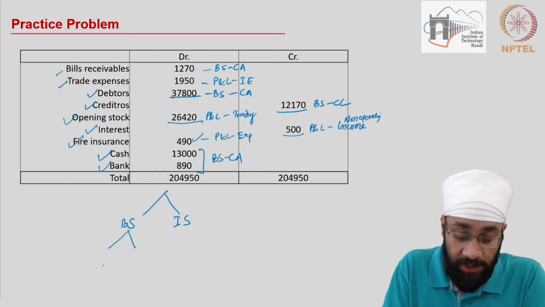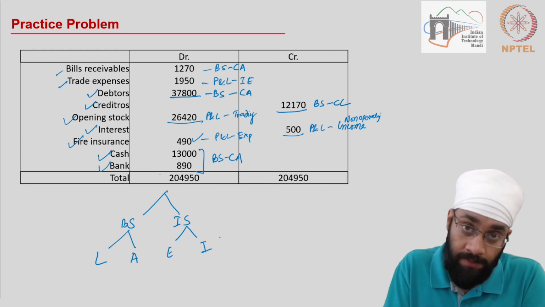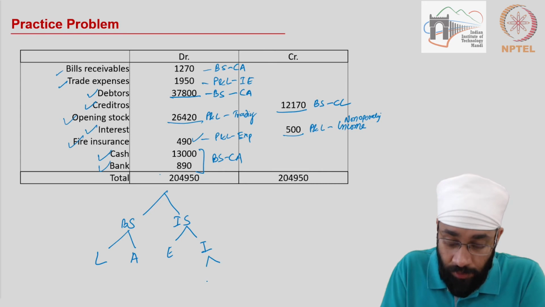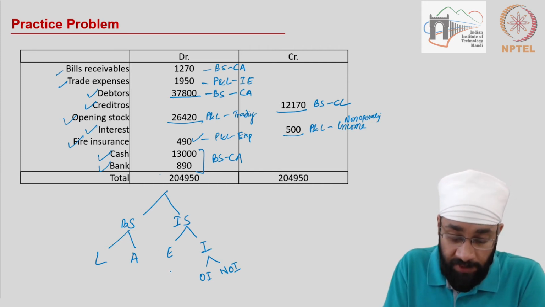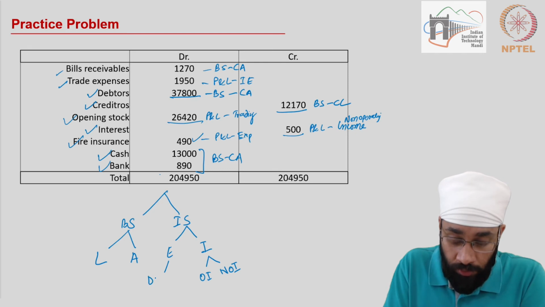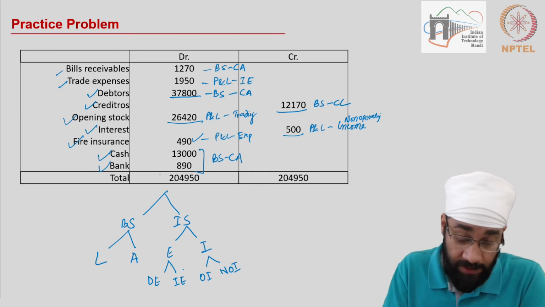In the balance sheet, it is either going to go to liabilities or assets. In the income statement, either expenses or income. Again, within income, it could go to the first section where you show operating incomes, or to the other section, non-operating income. Similarly, if it is an expense, it could go to the first section as a direct expense, or to the second section as an indirect expense.